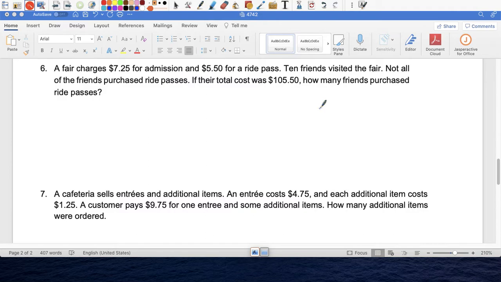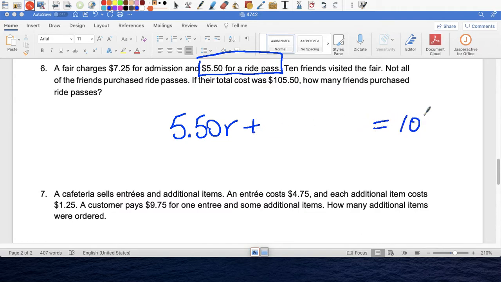So here, the way we're gonna set it up, they're asking us how many people got the ride pass. So, $5.50, and I'm gonna use R, right? And then plus, so your expenses for that day was $105.50. Some of it was on the rides, right?